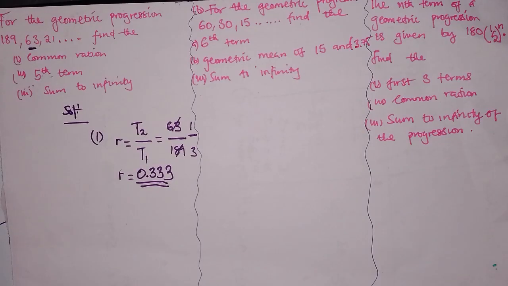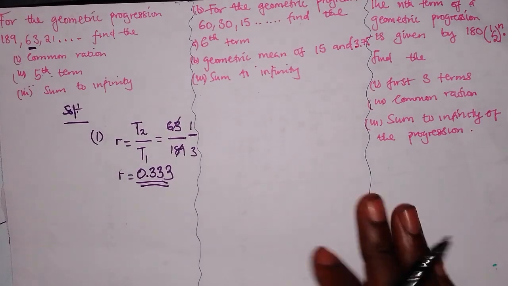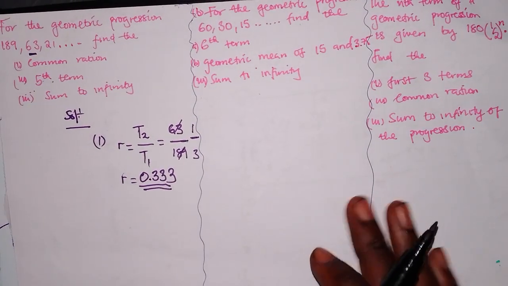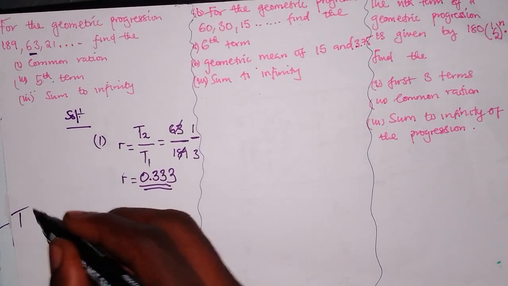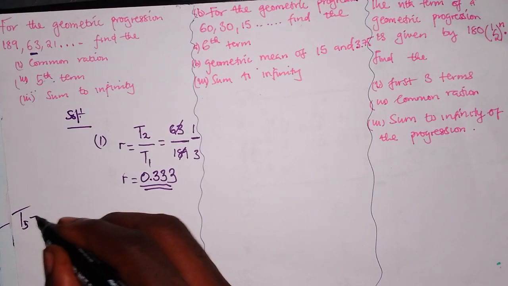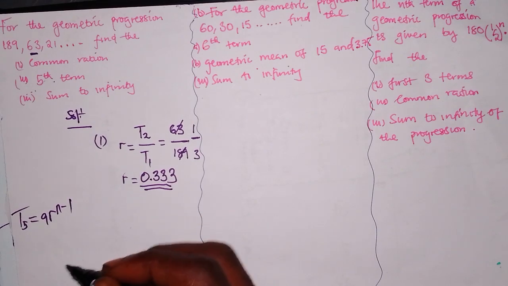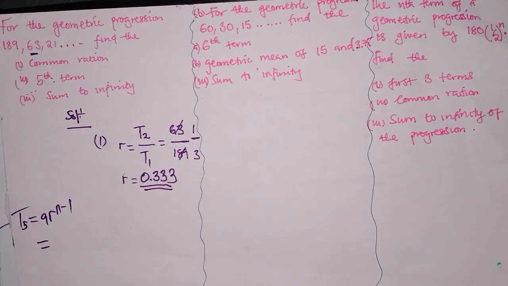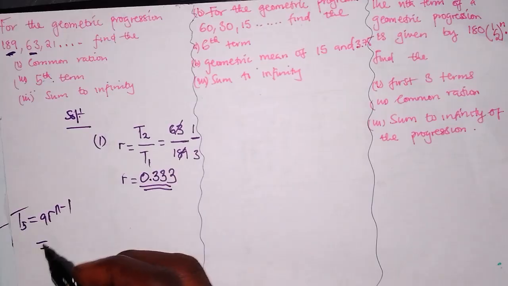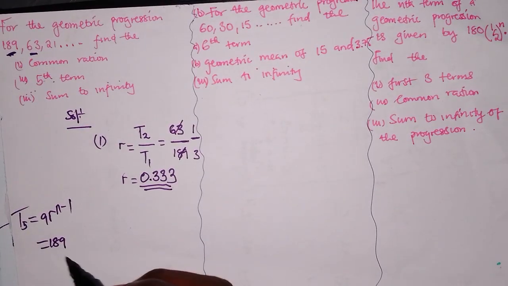Then the second question says find the fifth term. How can we find the fifth term? The fifth term is given by ar^(n-1). The first term is 189.